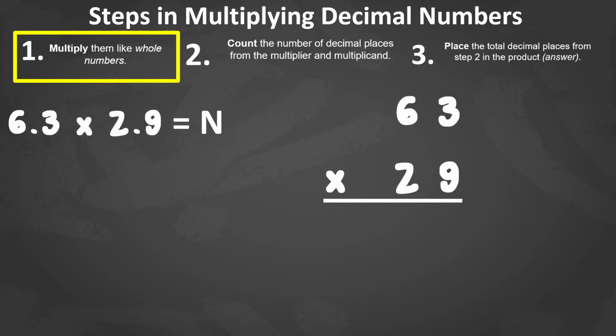For our multiplicand, we multiply 9 first to 63, then followed by 2 times 63. Let's start with 9 times 3, which will give us 27. We put the 7 below and carry over the 2 to the next digit. 9 times 6 now is 54 plus 2, that is 56. We're done multiplying 9 to 63.